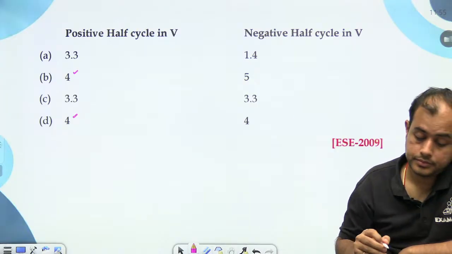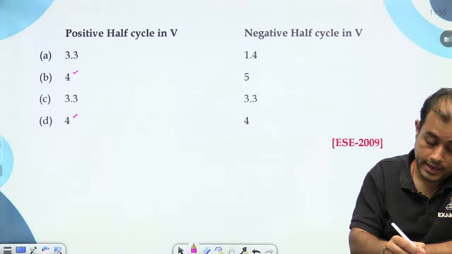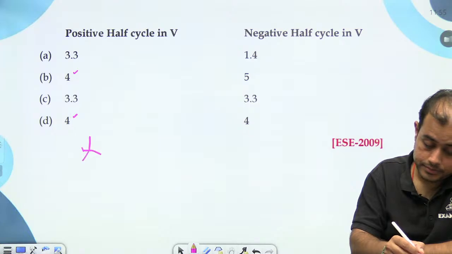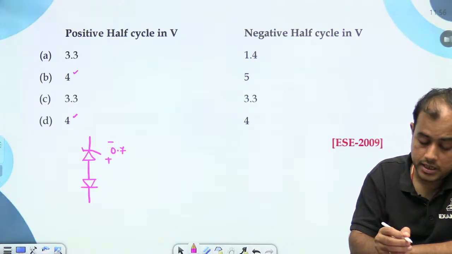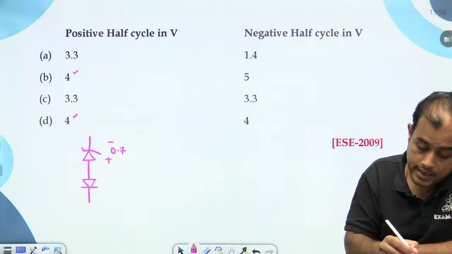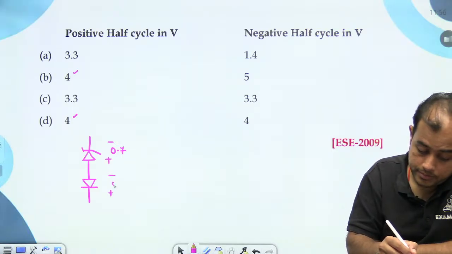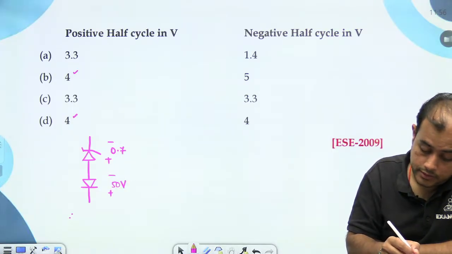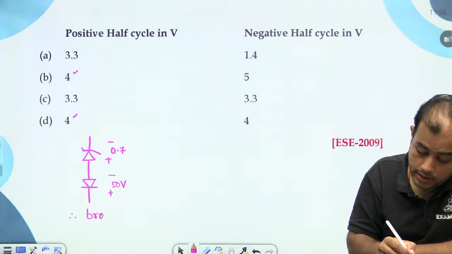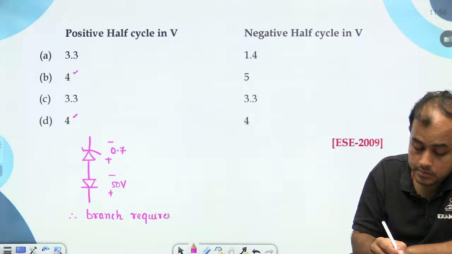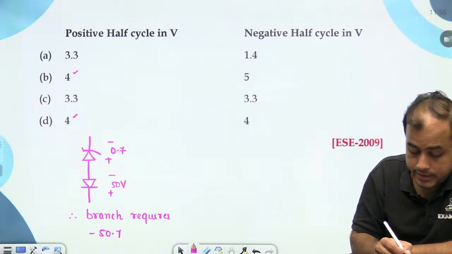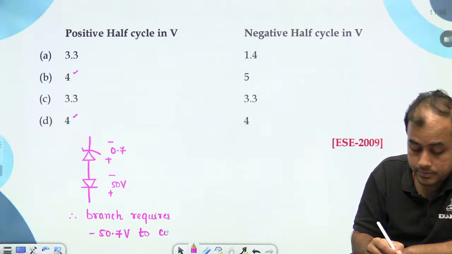Now for negative half cycle, now this requires 0.7, similar to a diode, and this requires 50. Therefore, branch requires minus 50.7 volt to conduct.